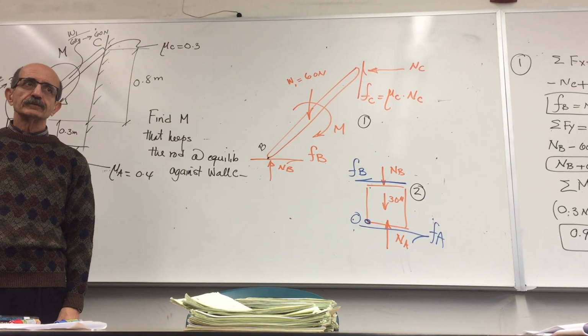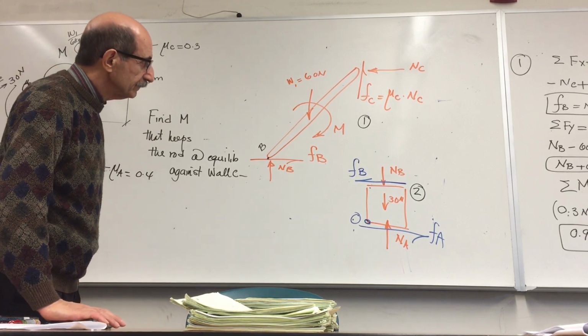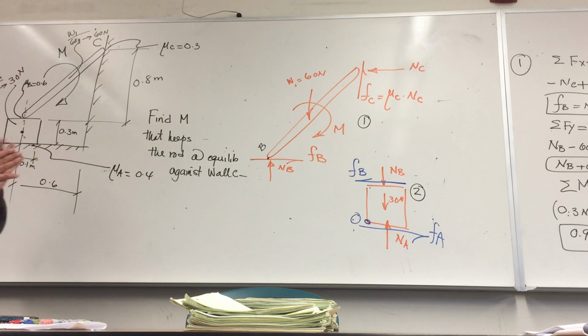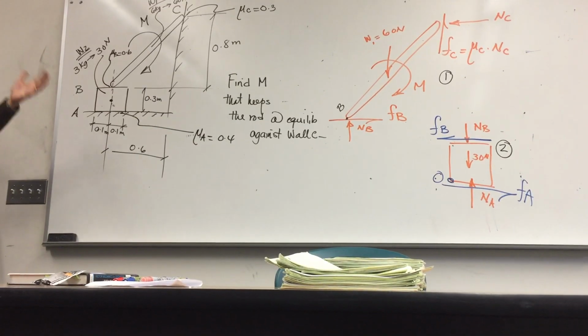Any questions? So problems of friction can sometimes be not tricky, but require some thinking. Remember the concepts though. Identify which case you have, draw the free body diagram, find the unknowns.